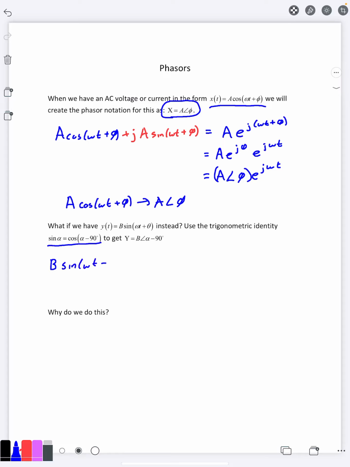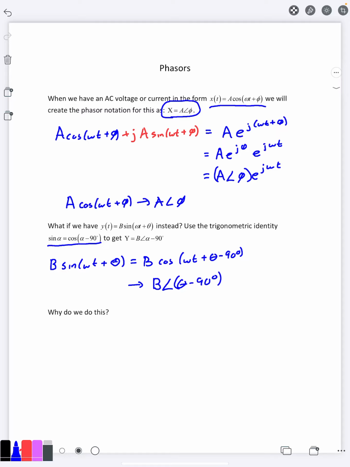So we can turn B sine omega t plus theta into B cosine omega t plus theta minus 90 degrees, just by trig identities, nothing special. And then by phasor notation, that becomes B angle theta minus 90. And again, the e to the j omega t is being hidden.